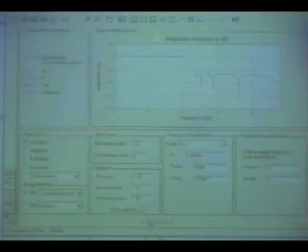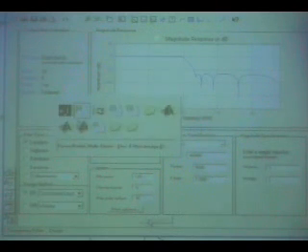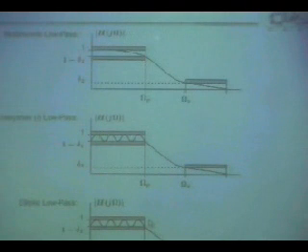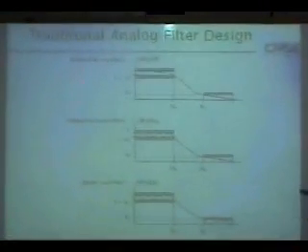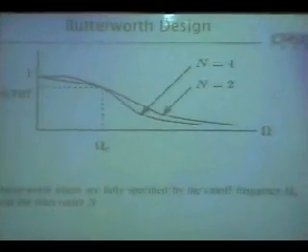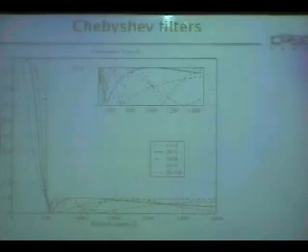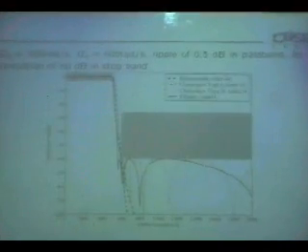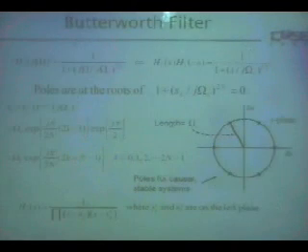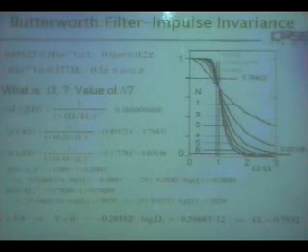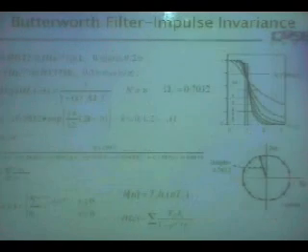So this is how you need to choose one of these methods, either the Butterworth, but remember this will give you an H of S, and then you need to convert that H of S into H of Z. We'll continue learning this, but let me just show you what you get once you design a filter.